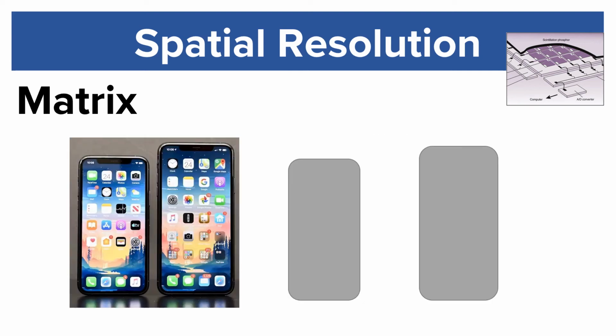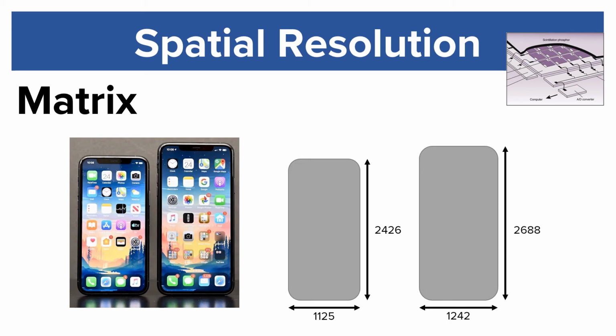To put this in perspective, the iPhone 11 Pro on the left has a matrix size of 1125 by 2436, and the iPhone 11 Pro Max has a matrix size of 1242 by 2688.